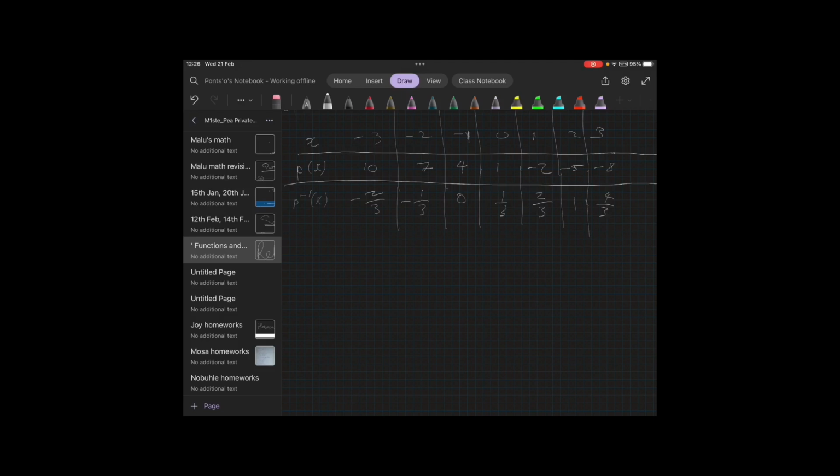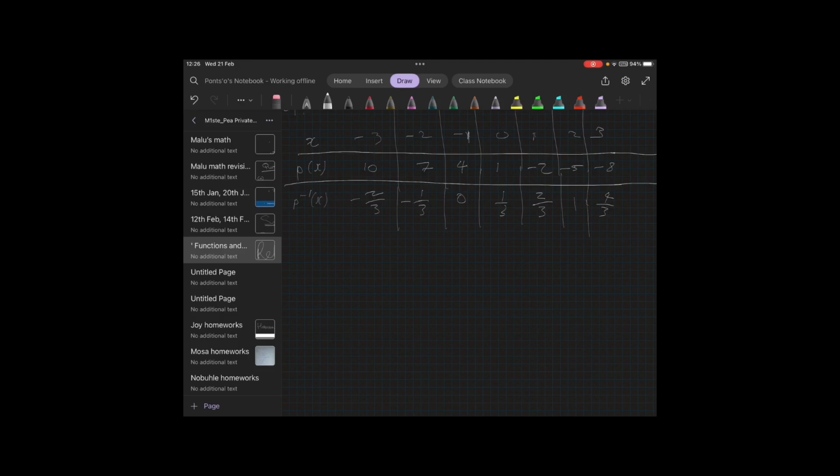So check. Wait. Is this how the coordinates are supposed to look? When x is negative 3, our answer is 2 over 3. When x is negative 2, our answer is a third.